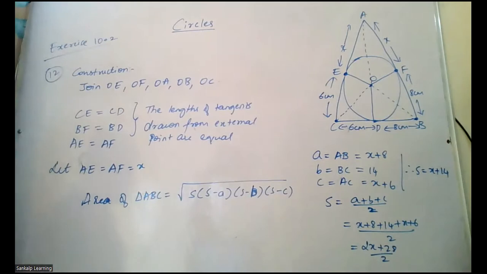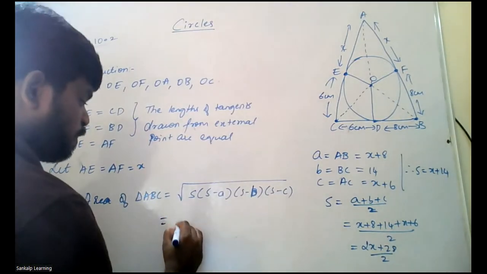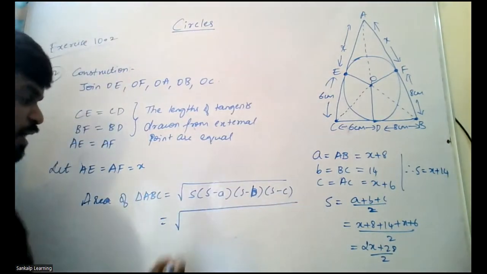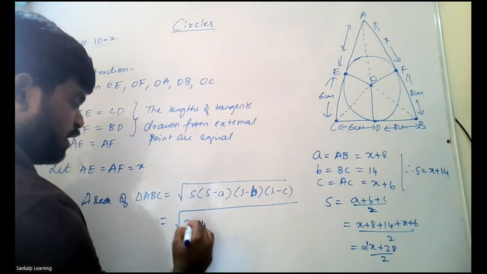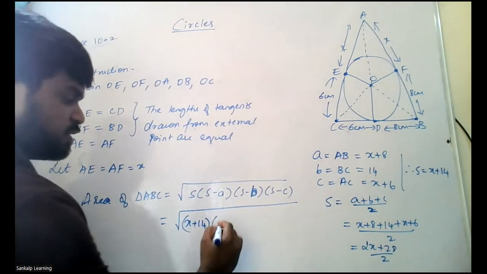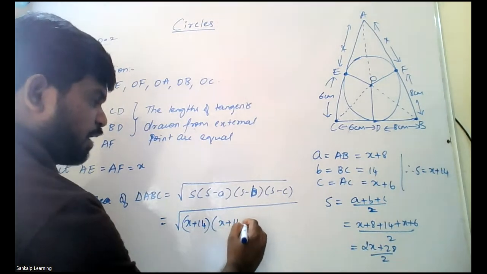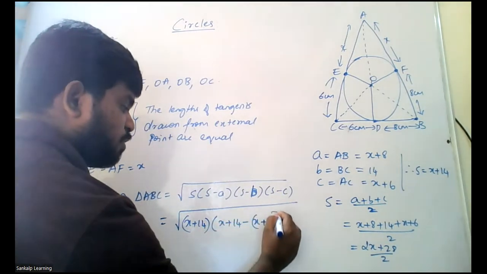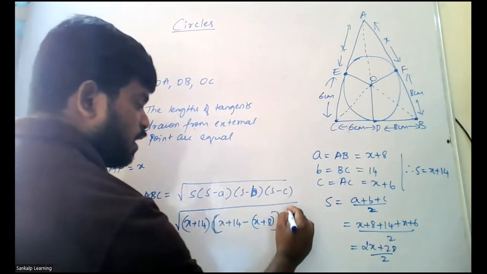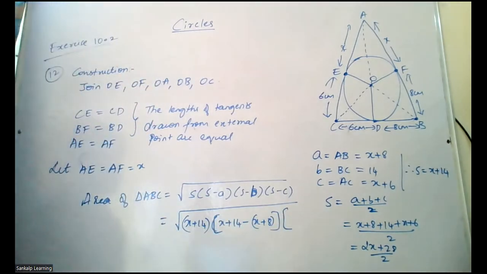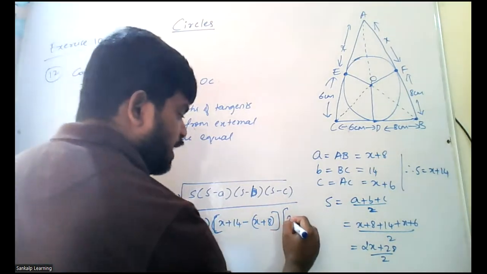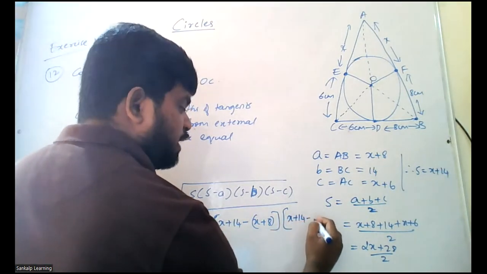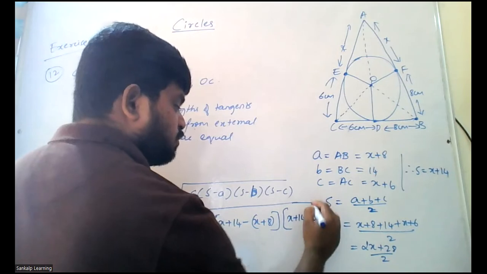So you got the value of s, substitute here. Root of s, which is x plus 14, into s minus a, which is x plus 14 minus x plus 8. There are two terms, so let's put a bracket. Similarly, s minus b: x plus 14 minus b, which is 14.